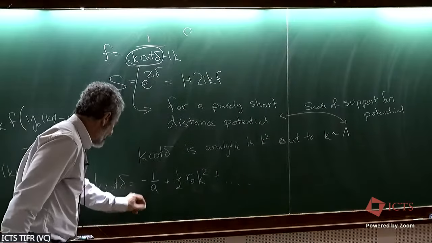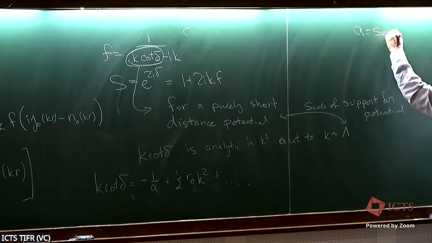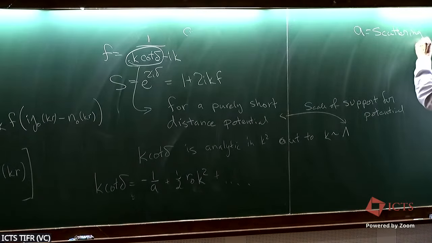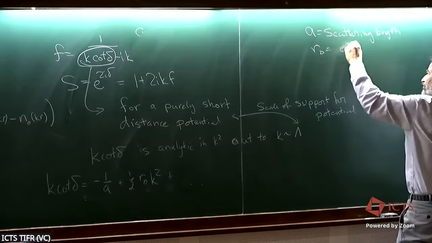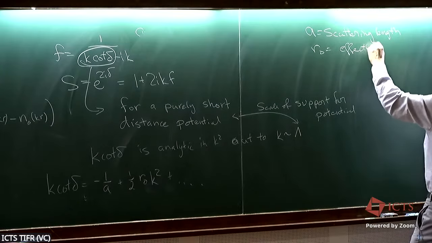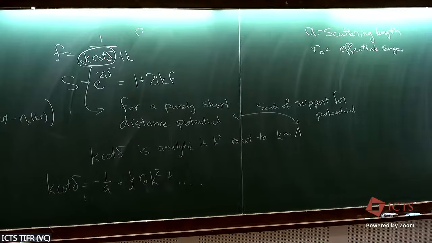And this a is called the scattering length. r naught is called the effective range. And typically, this scales like 1 over lambda, but this could be anything. We'll see that a little bit more clearly.